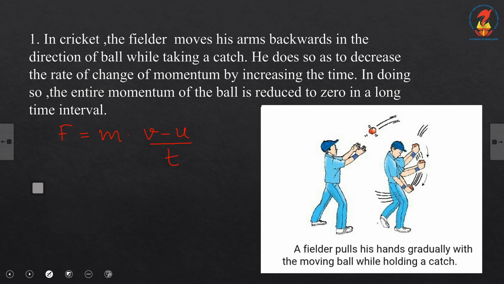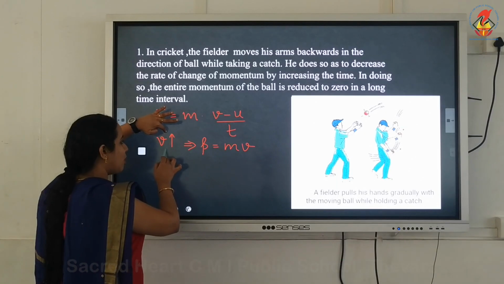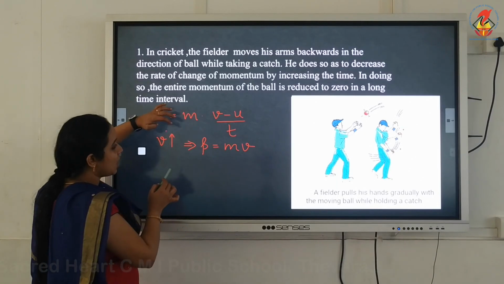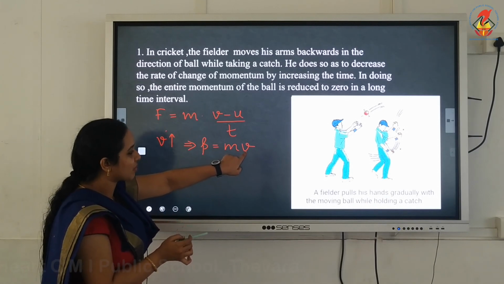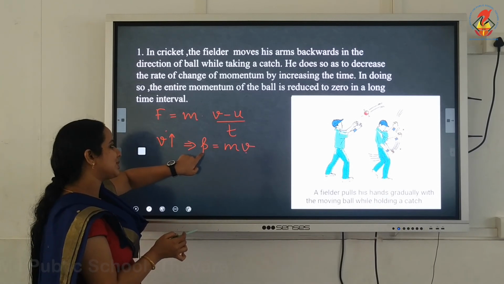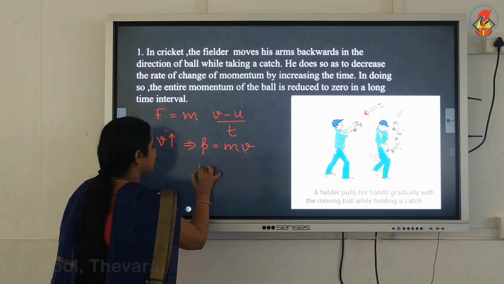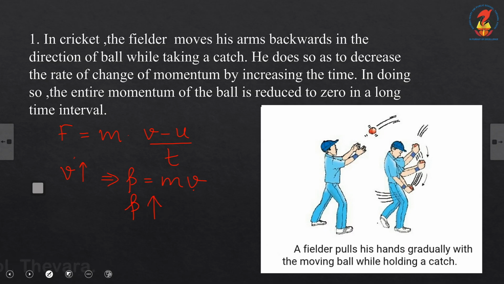Here, when the ball is moving through the air, the ball is having greater velocity. And we know that momentum is equal to mass into velocity. So if velocity is more, momentum also will be more.